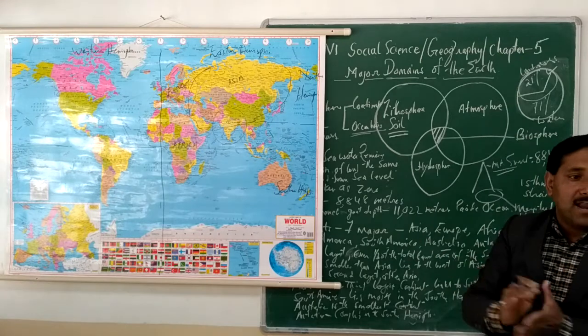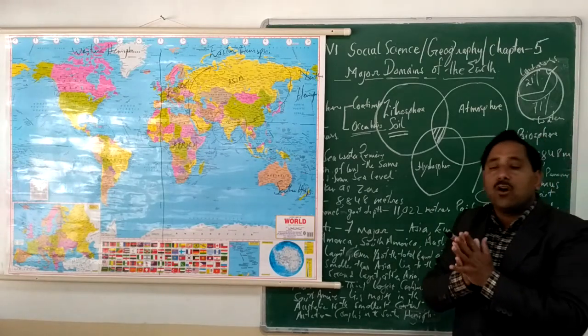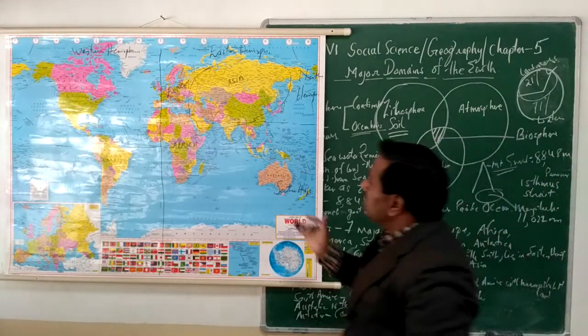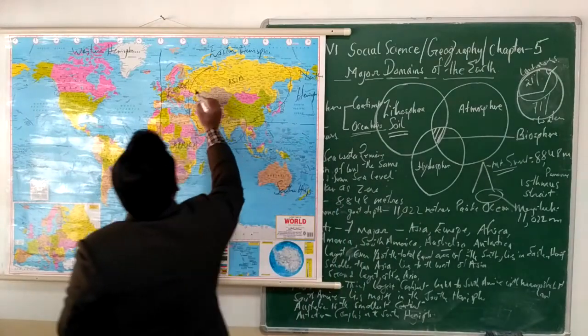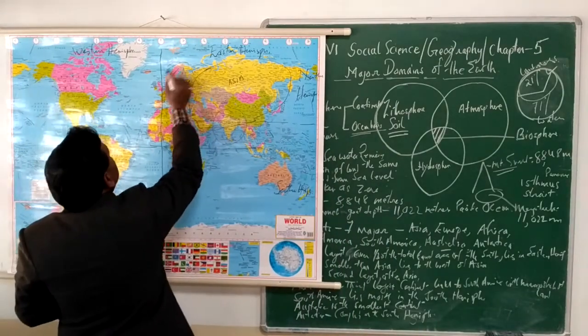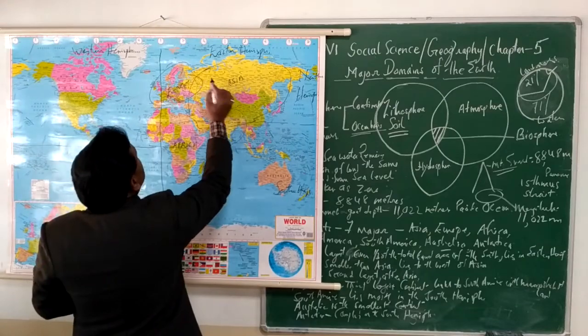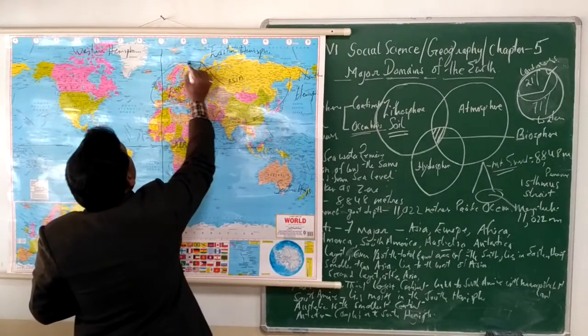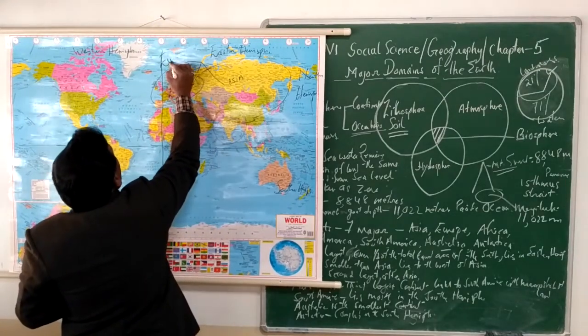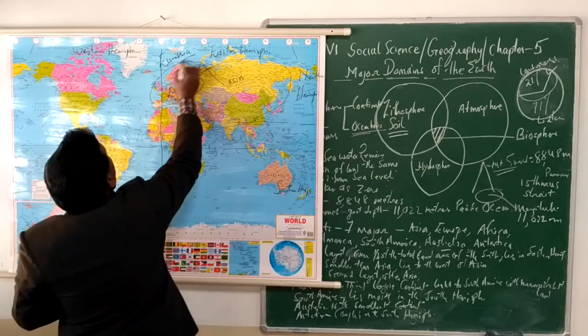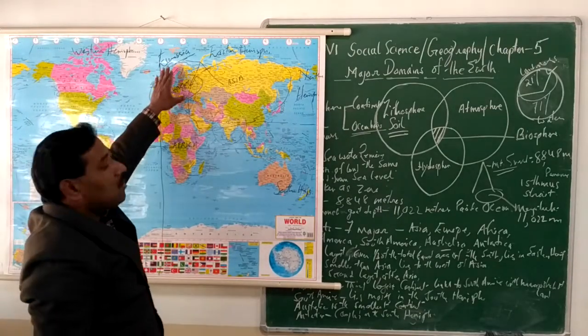So the combined landmass of Europe and Asia is called Eurasia. This is your Europe and Asia, this is known as your Eurasia.